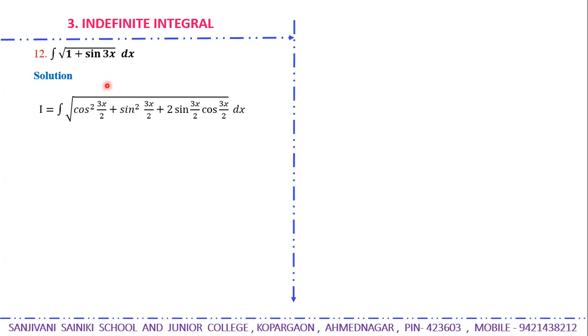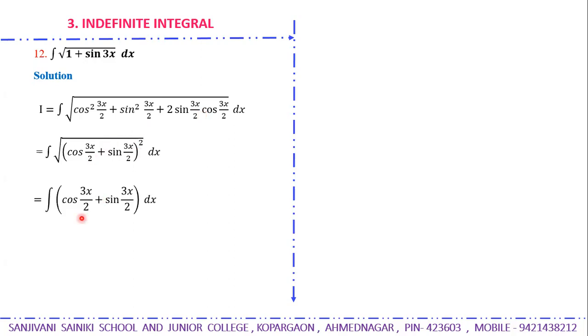So here for 3x, 2 sin (3x by 2) into cos (3x by 2), and as the angle is 3x by 2, I have to write the first one as sin square (3x by 2) plus cos square (3x by 2). It becomes (cos 3x by 2 plus sin 3x by 2) whole square. Taking the square root on both sides, we get cos 3x by 2 plus sin 3x by 2.